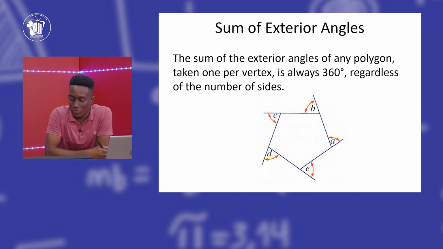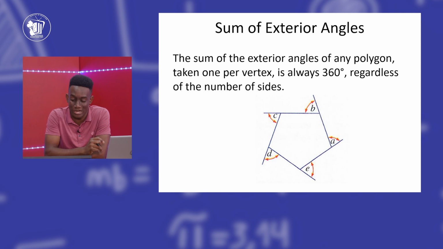The sum of the exterior angles of any polygon, taking one per vertex, is always 360 degrees regardless of the number of sides. It doesn't matter the type of polygon.